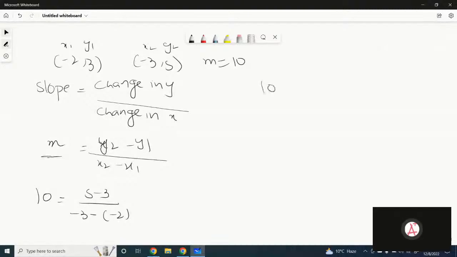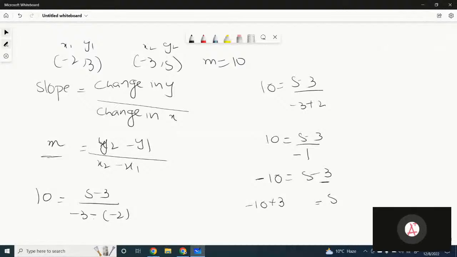It is 10 equals (s minus 3) over (-3 plus 2), because negative negative is positive. So negative 3 plus 2 is negative 1. Got it? Just do cross multiplication. It would be negative 10 equals s minus 3. Move that negative 3 to the other side, it would be positive 3.